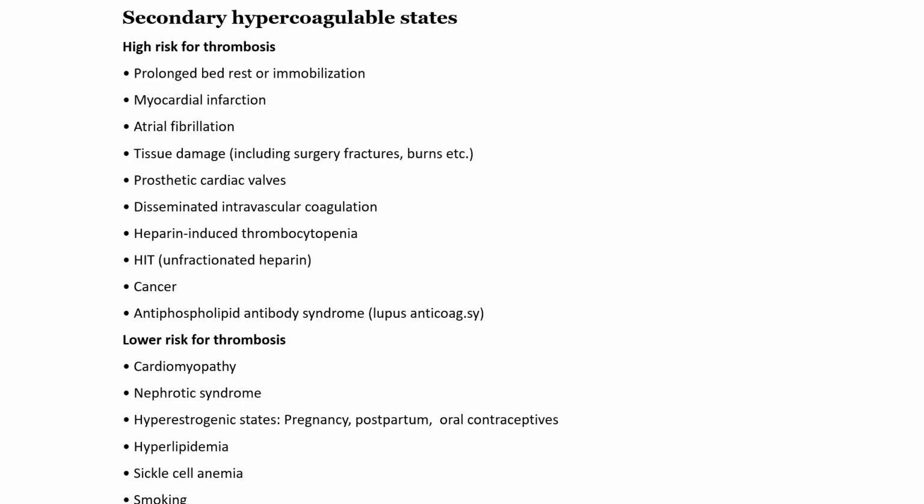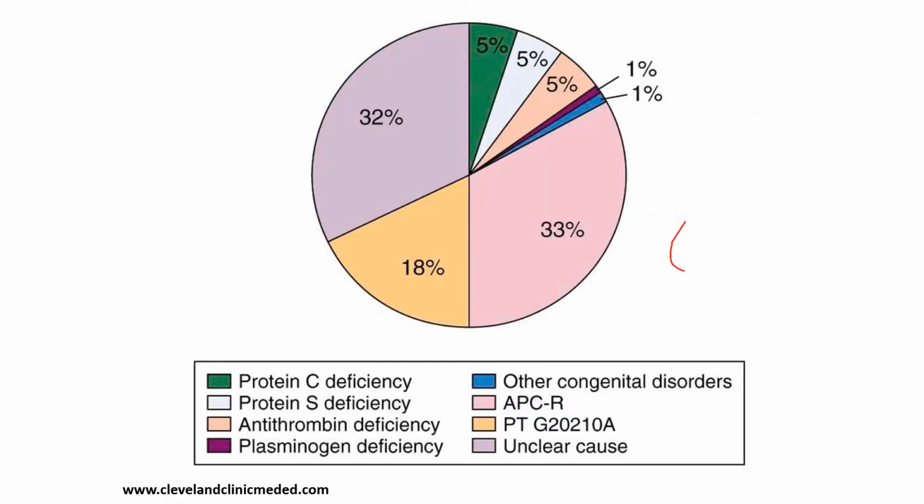Okay. Acquired factors for thrombosis. Acquired, from the surroundings. But sometimes you have congenital factors for thrombosis. When I say congenital, they are inheritable causes. Protein C, protein S, they are inhibitors of coagulation. So if you have deficiency in the inhibitors, protein C is an inhibitor.